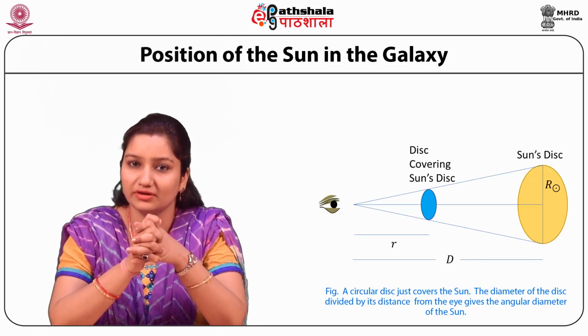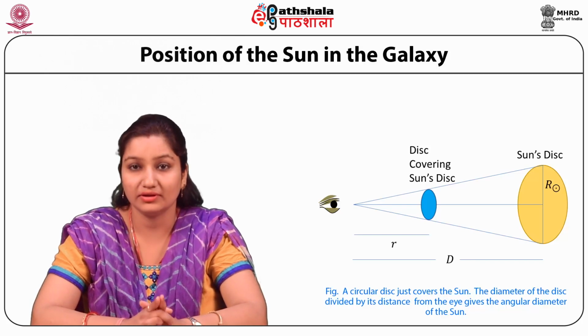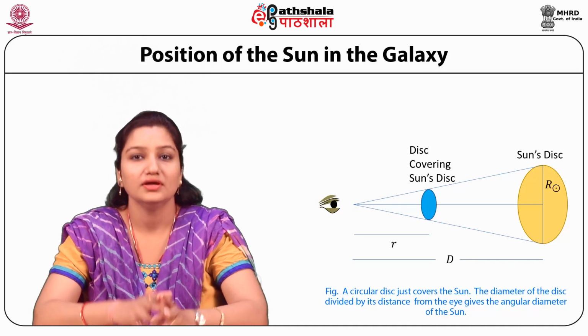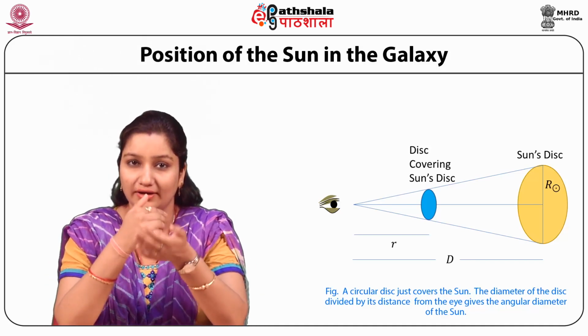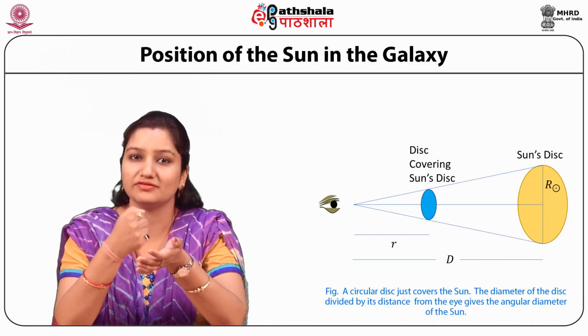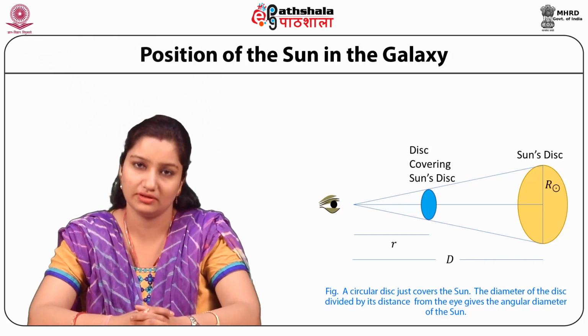The diameter of the disc divided by its distance from the eye gives the angular diameter of the Sun.